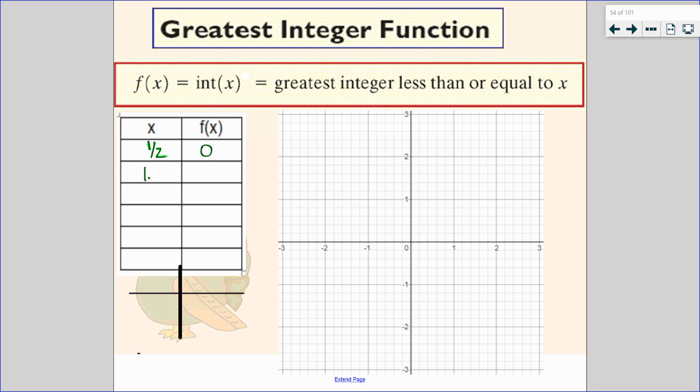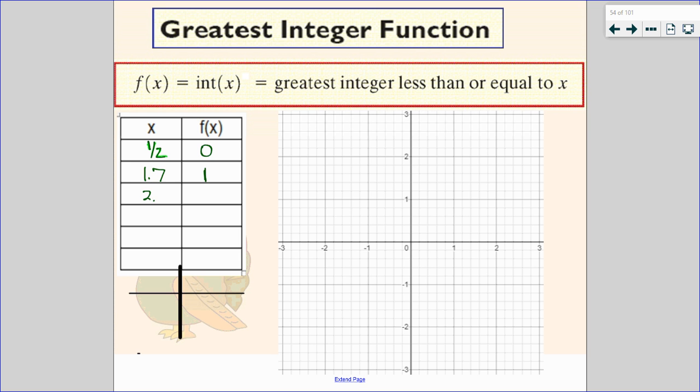If we do like 1.7, what is the integer less than but not over that? Claire? 1. Yeah, that is the greatest integer equal to but not over that number.